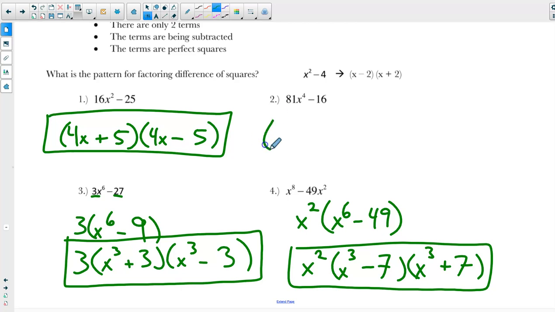So I'm going to start it with 9x squared and 9x squared. There was no greatest common factor on this one. Square root of 16 you already told me is 4, so I'm going to have plus 4 and minus 4. Can I factor it anymore?